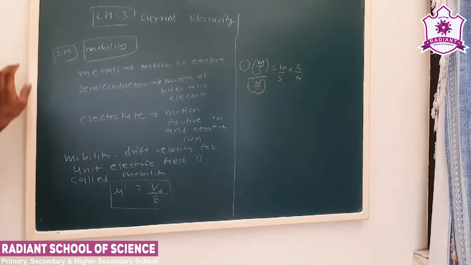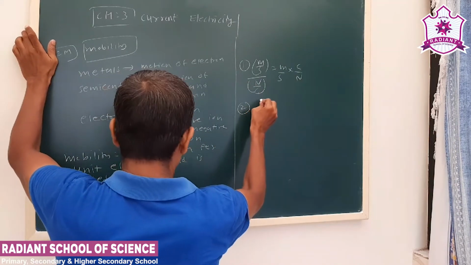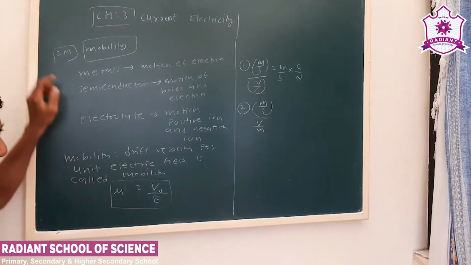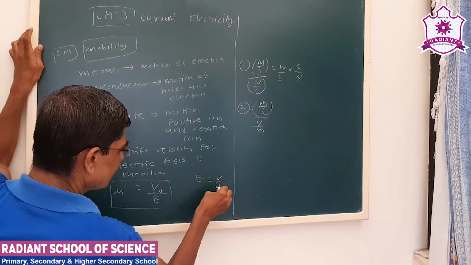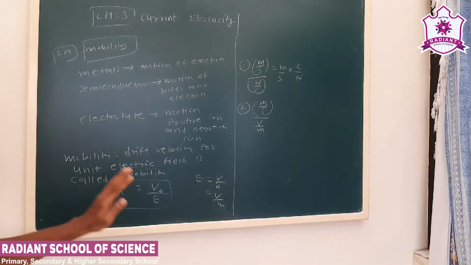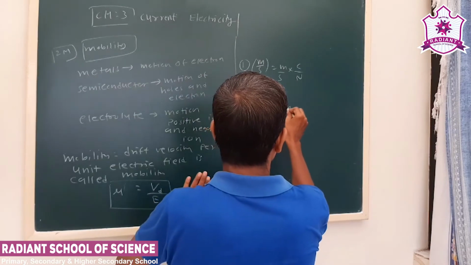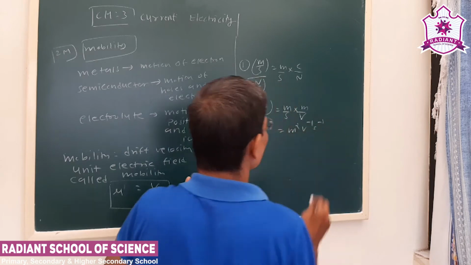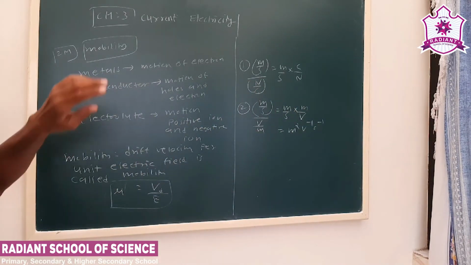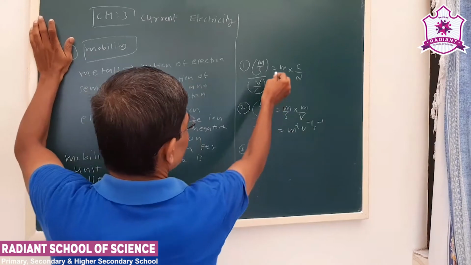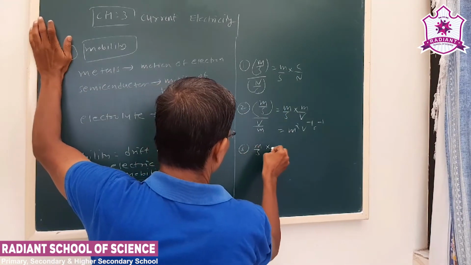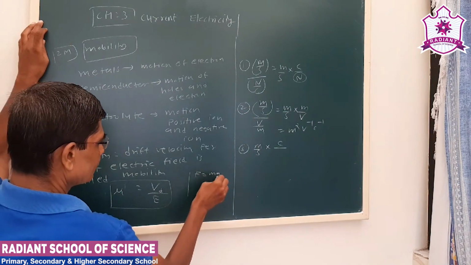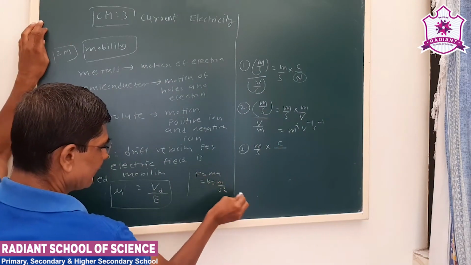Second, drift velocity is meter per second, and for electric field we have seen in lesson number 2, E is V by d, that is volt per meter. So it is meter per second into meter upon volt. And the third one is meter per second into coulomb upon Newton. See, Newton, F is equal to ma, that is kg meter per second square.